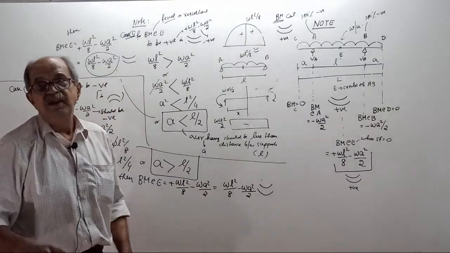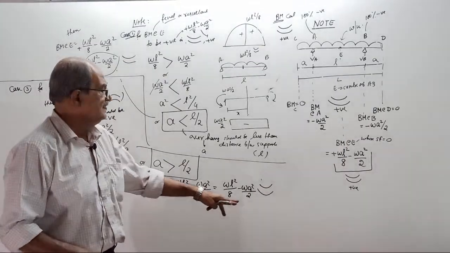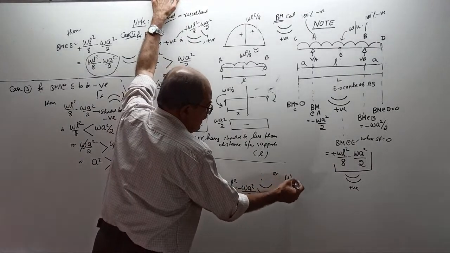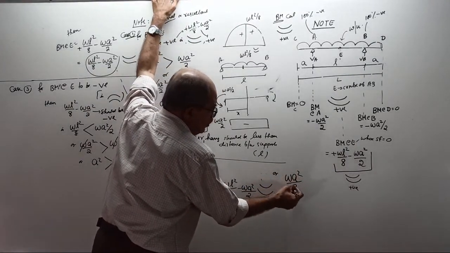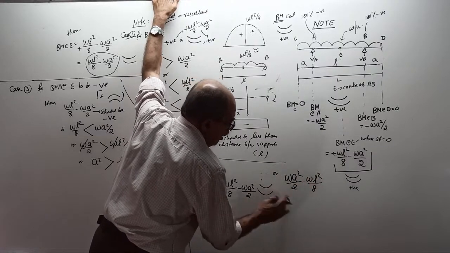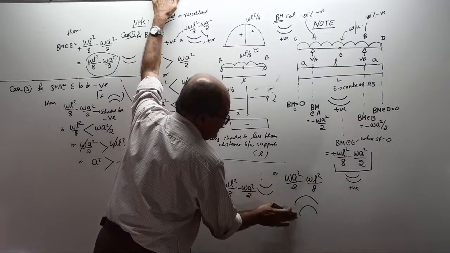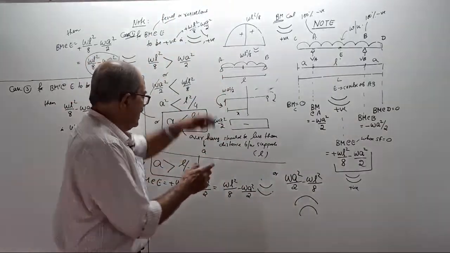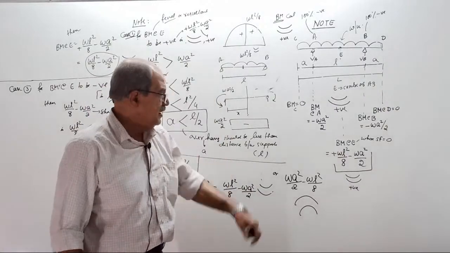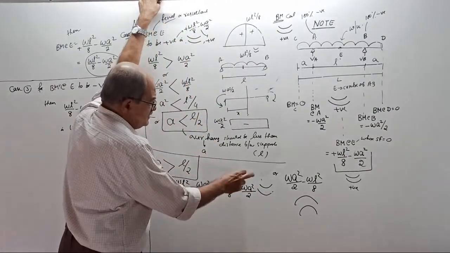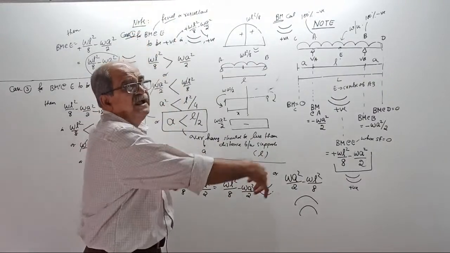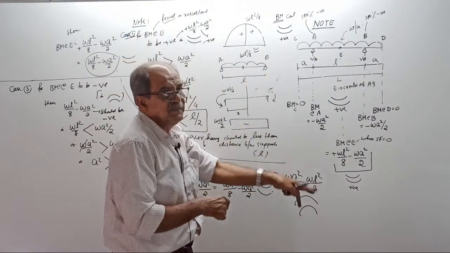Or you can say it is WA square by 2 minus WL square by 8, that much hogging. WL square by 8 minus WA square by 2 is sagging only. But since WA square by 2 is more than WL square by 8, interchange, that much hogging.